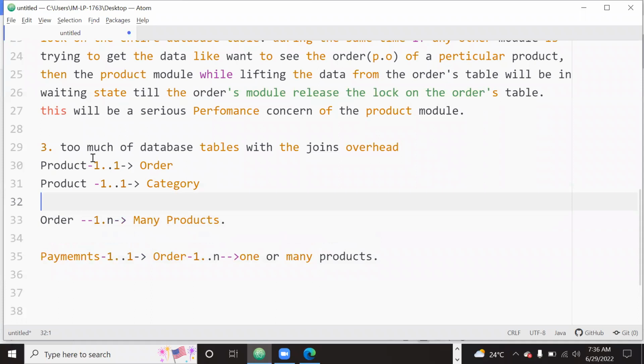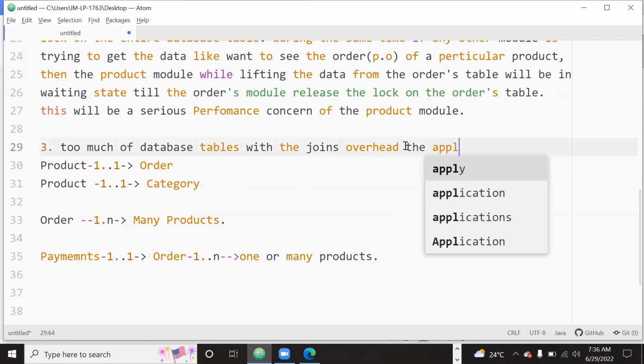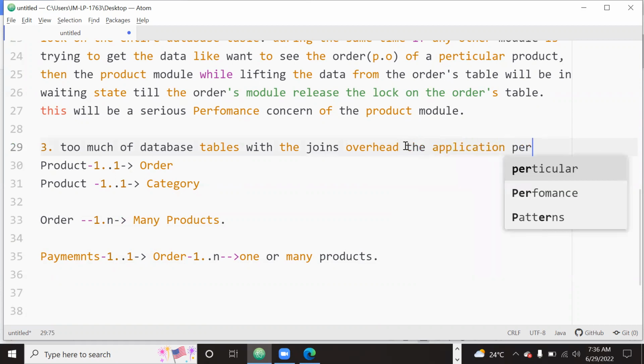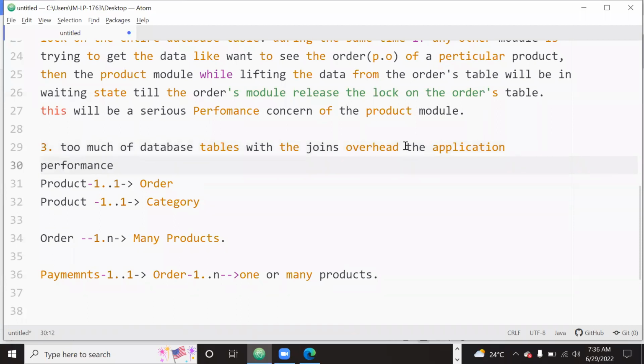So these are all complex relations, joins that were applied on the tables. So too much of database tables with joins overhead the application performance.